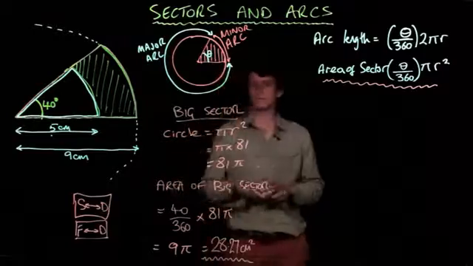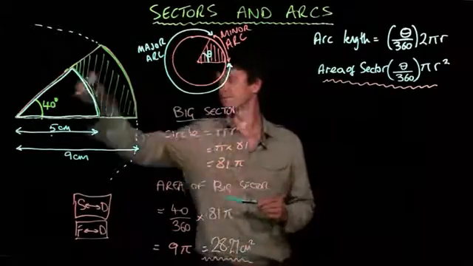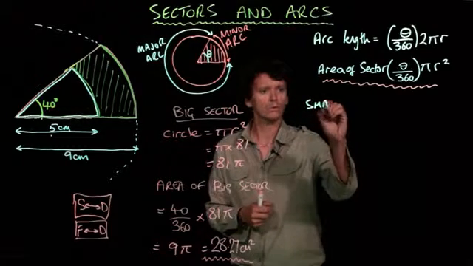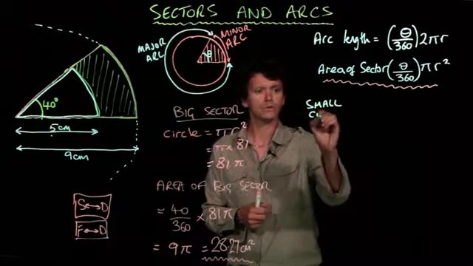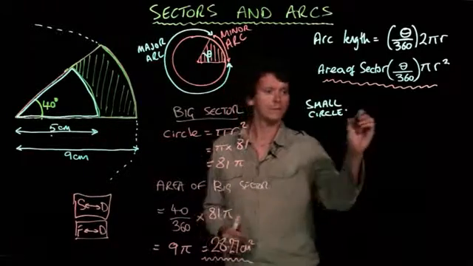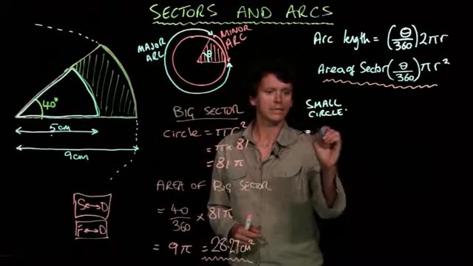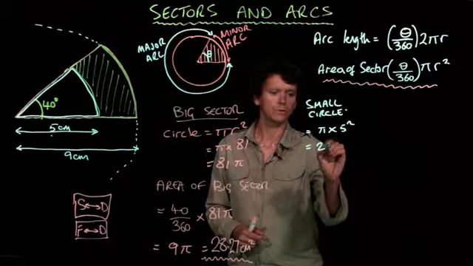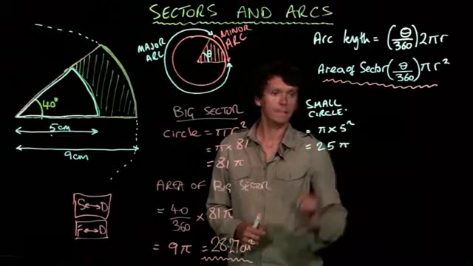So we now need to come on to the small sector. And it's exactly the same thing. The small circle is pi r squared. So that's pi times 5 squared, which equals 25 pi.